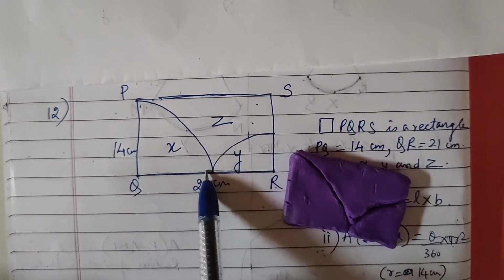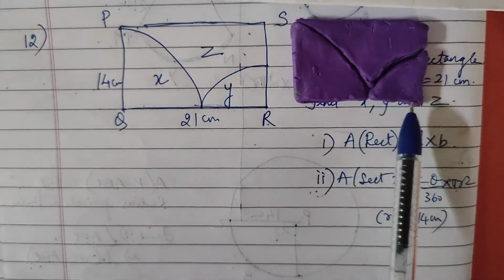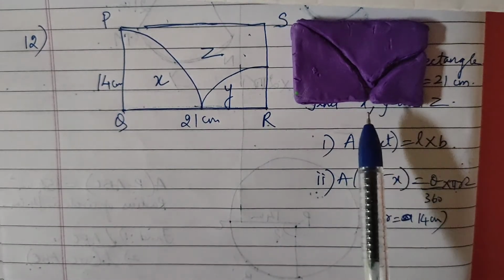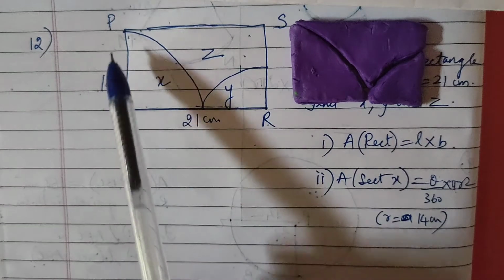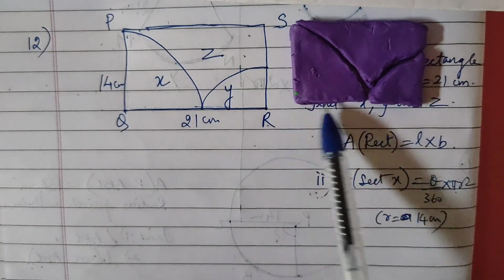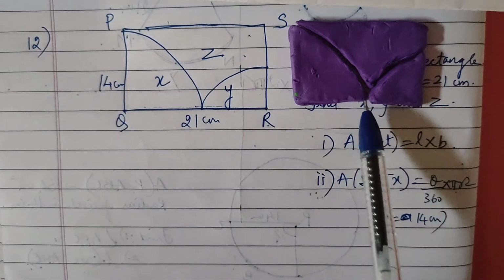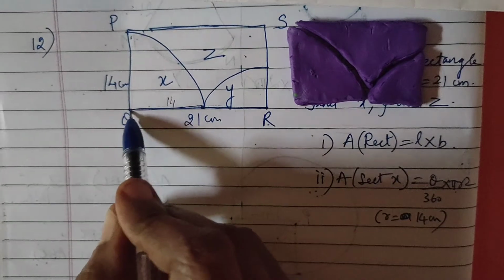Now let's come to the smallest. Now we can find the Y part. Y is also a sector, as we have said. But what is the radius for this part here? This much is how much? 14. Yes, because you remember this is a radius. This is also a radius and this is also a radius. So till here it is 14. But what is QR given?